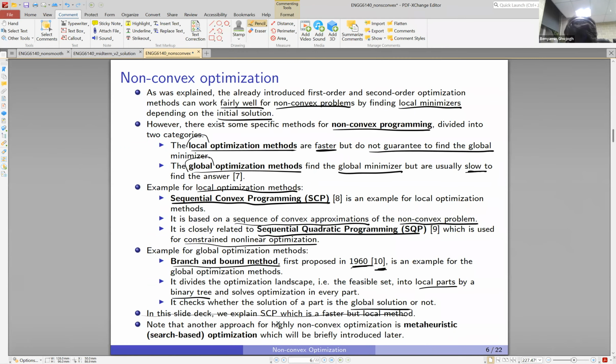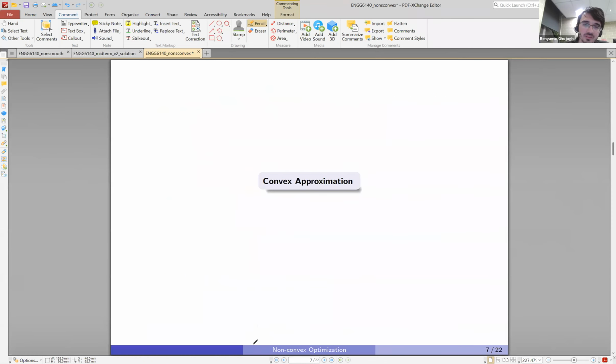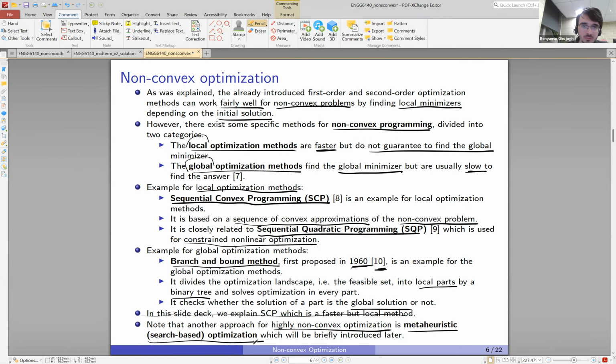By the way, another approach for solving highly non-convex optimization is meta-heuristic or search-based optimization, which we will explain later. I think in the second part of this lecture, which will be in another video, I will introduce that. So we either should use local or global optimization methods such as sequential convex programming or the branch and bound method, or we can use meta-heuristic or search-based optimization.